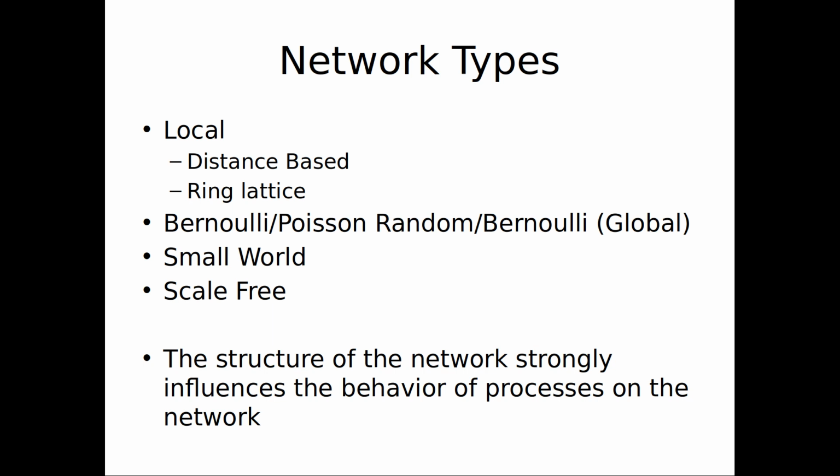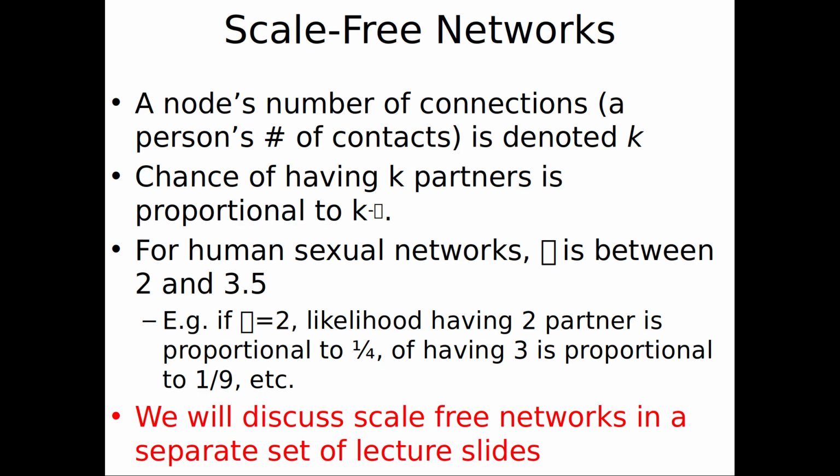So they're a fairly common model of networks, a fairly commonly seen pattern within networks. And it captures the fact that there's a huge variation in the number of connections, okay? And the structure of the network strongly influences the behavior of processes on the network, the dynamics associated with it.